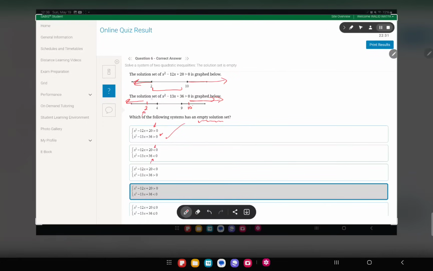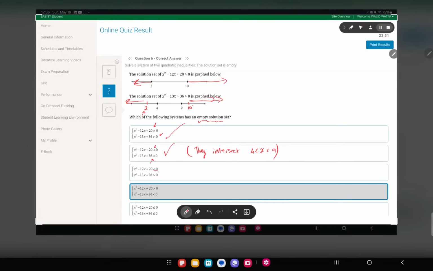It won't be less than 0 for all of them, but it would be less than 0 for this part only. So you could say in between 4 and 9. So it would still have a solution. And if you take this, they would still intersect in this part, the 4 and 9 part. You could say they intersect between 4 and 9. That's how I'm going to write it for you.